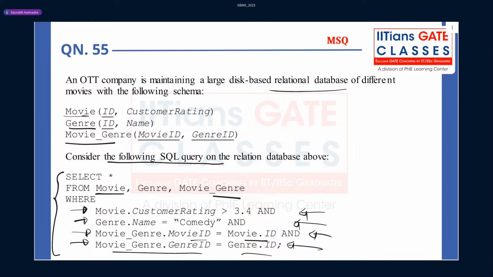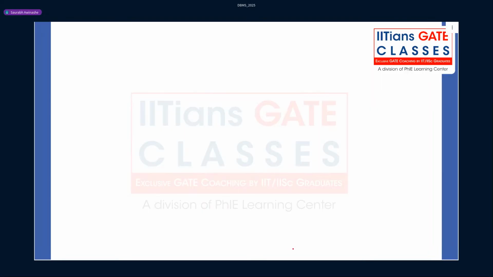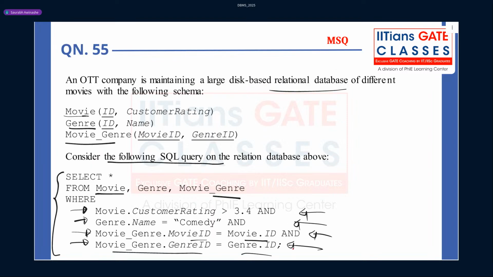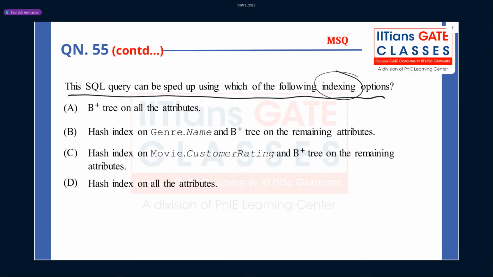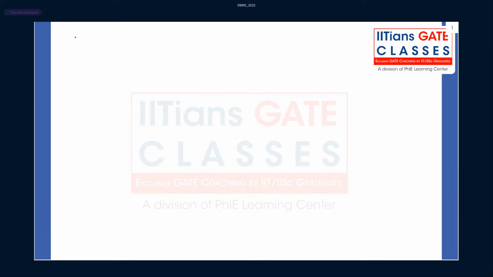Now, what we'll do is we'll look at each of these where clause conditions one by one. Okay. So the first one is movie dot customer rating is greater than 3.4. So movie dot customer rating is greater than 3.4. Okay.